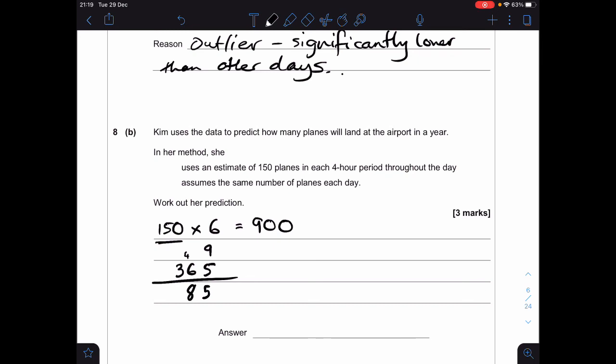So we leave 8 here and bring the 5 forward. 9 times 3 is 27. Plus the 5, 32. And then multiply by 100. So that's your answer of how many planes Kim predicts will land throughout the year.